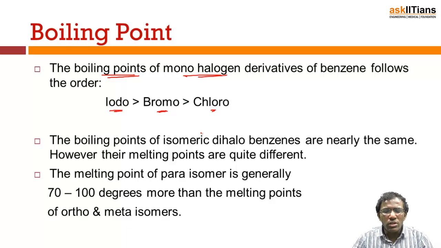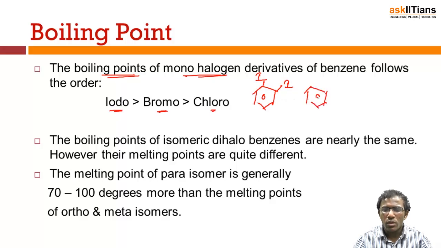The boiling points of isomeric dihalobenzenes are nearly the same. If I take the dihalobenzenes, like diiodobenzene, with one iodine and another iodine, these are ortho. They may be para also, like this one. And if one iodine is here, the other iodine is at the meta position.